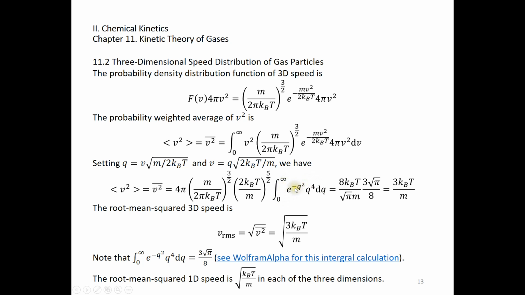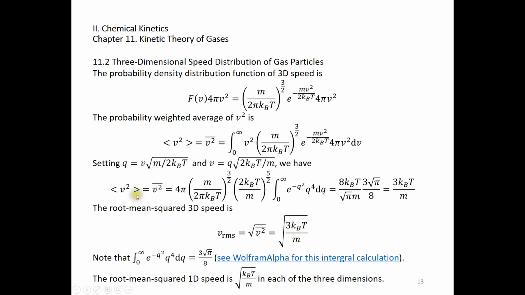That can be proven, but it's really tedious to tackle this integral, so I'm just going to use the value from Wolfram Alpha to put it in here. I combine everything here, it's this, and then in the end we got this. Finally, the root mean squared three-dimensional speed is the square root of this guy. It's the square root of 3 kBT over the mass.